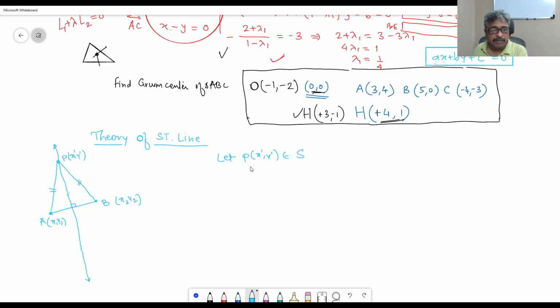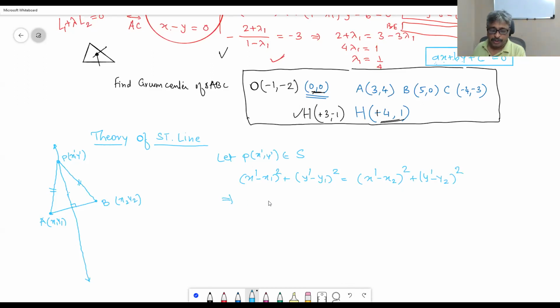Okay, so what will be the first step? PA square is equal to PB square. So (x' minus x1) square plus (y' minus y1) square is equal to (x' minus x2) square plus (y' minus y2) square.